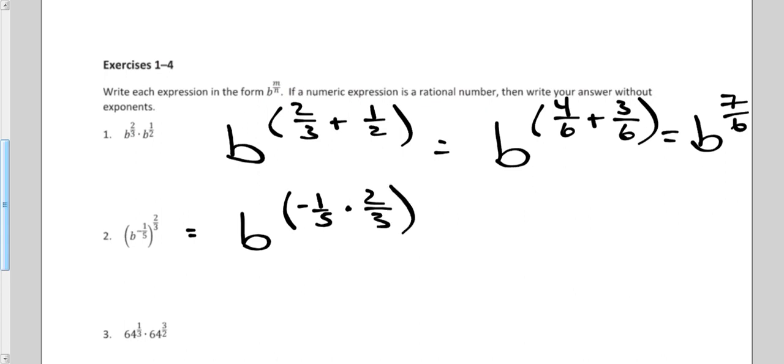And now I do that math. How do we multiply fractions, ladies and gentlemen? Cross simplify. Can I cross simplify anything? Nope. So then I can go right to multiplying across. The 1 times the 2 gets me a new numerator. Actually, negative 1 times the 2, so that's negative 2.